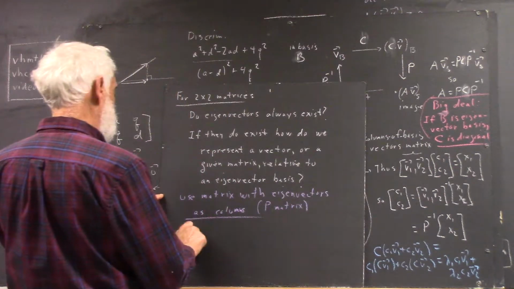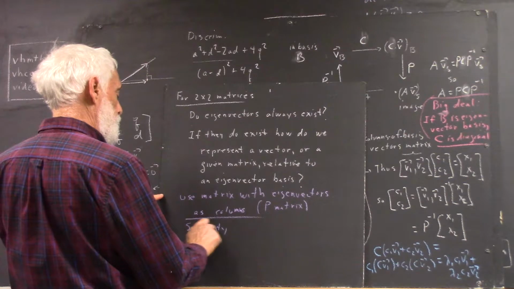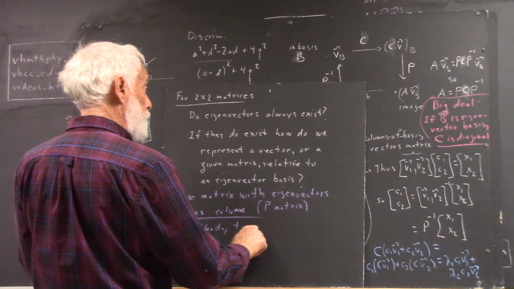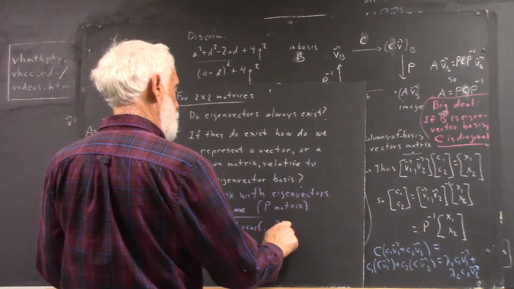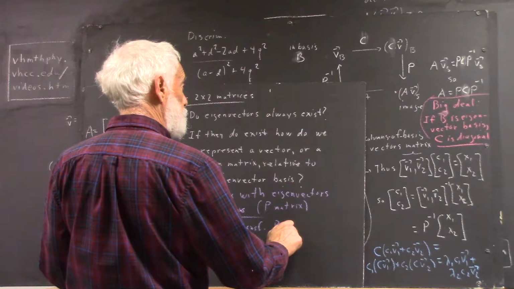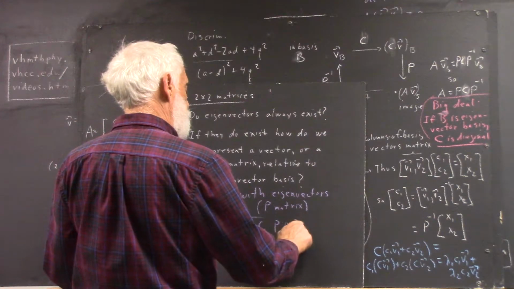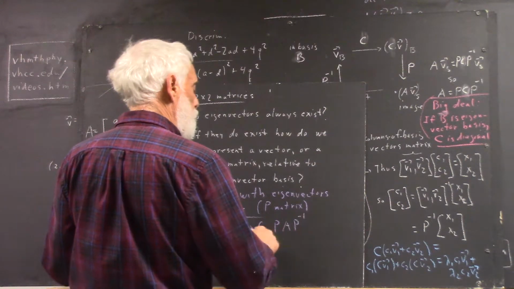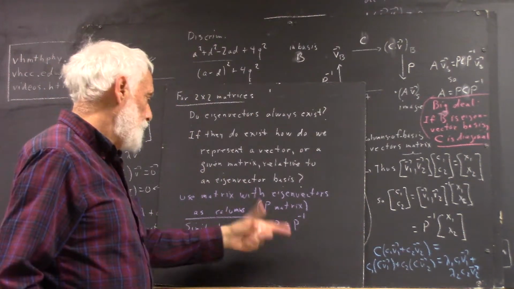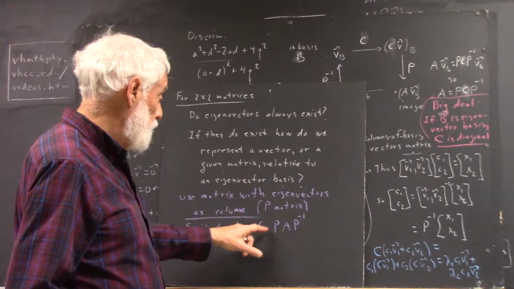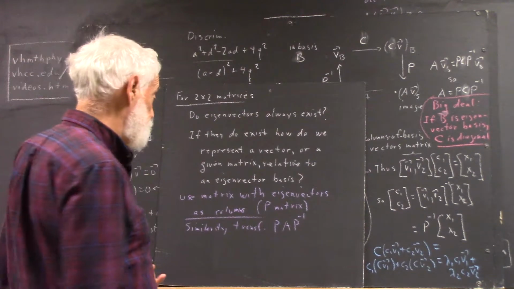And we get a similarity transformation of the form PAP inverse, where A is not necessarily the matrix with respect to the standard basis, but this is the general form of a similarity transformation.